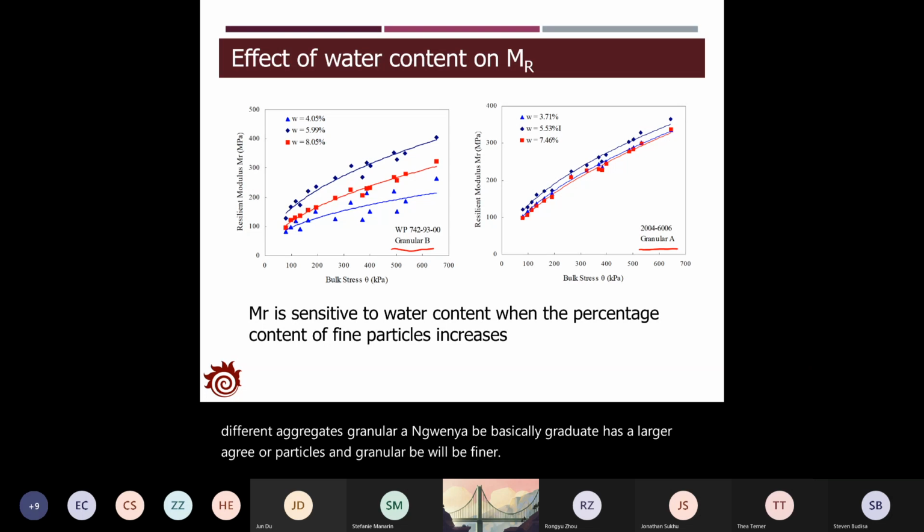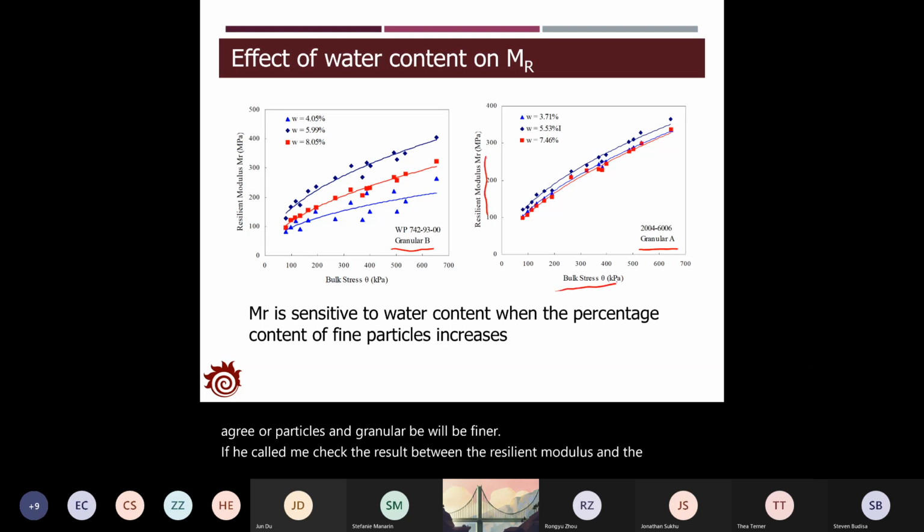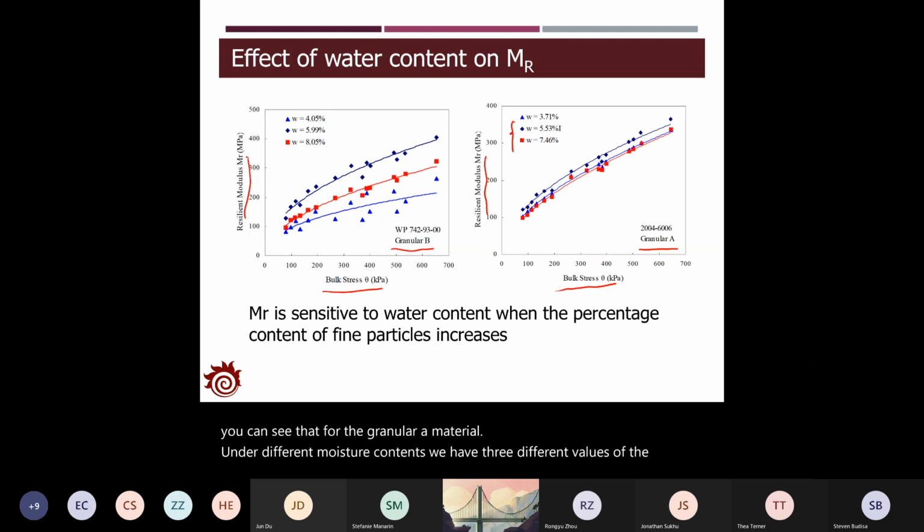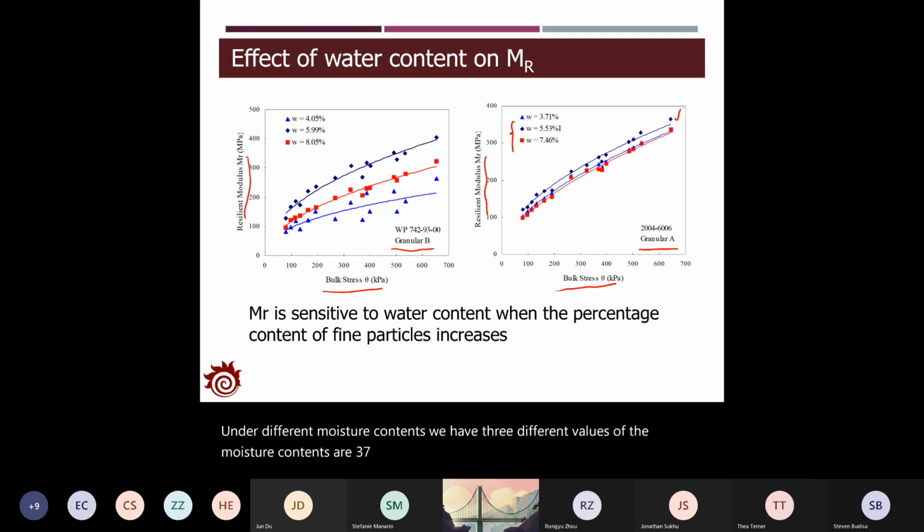If we check the result between the resilient modulus and the bulk stress, you can see that for the granular A material, we have three different values of the moisture contents, 3.7% as the blue points, 5.5% as the triangle, and 7% as the square.